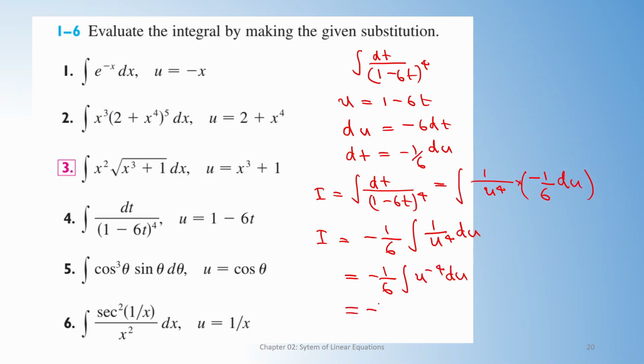Then minus 1 over 6, u to the power minus 4 plus 1, that is minus 3, plus c. Then minus minus gives plus 1 over 6 times 3, which is 18, u to the power minus 3, plus c. That is 1 over 18, 1 over u³, plus c. You can replace u.